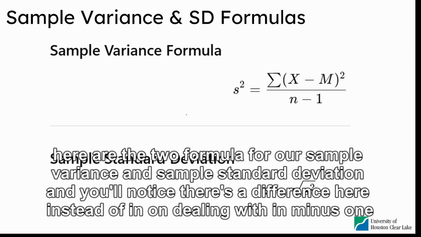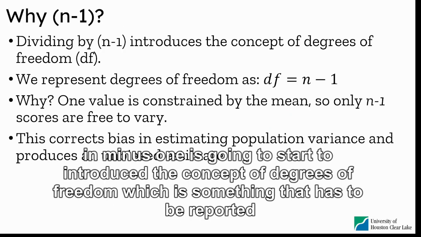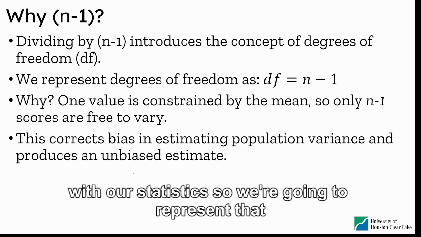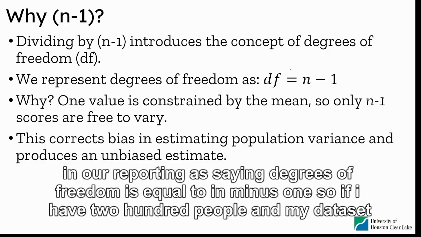Here are the two formulas for our sample variance and sample standard deviation. And you'll notice there's a difference here. Instead of n, I'm dealing with n minus 1. You're probably going, why? Well, n minus 1 is going to start to introduce the concept of degrees of freedom, which is something that has to be reported with our statistics. So we're going to represent that in our reporting as saying degrees of freedom is equal to n minus 1.